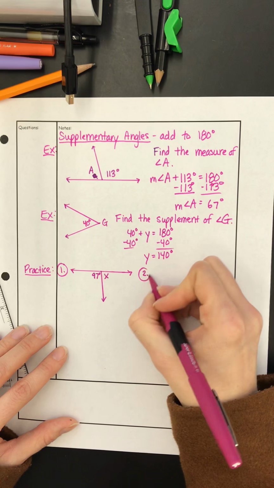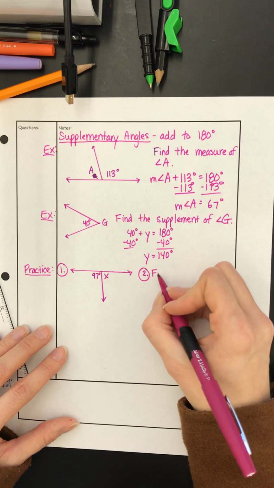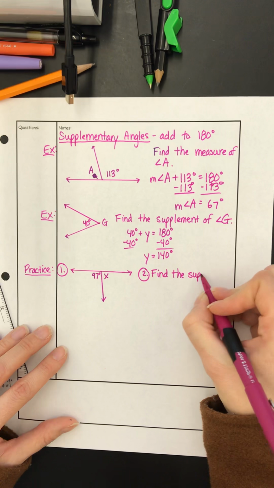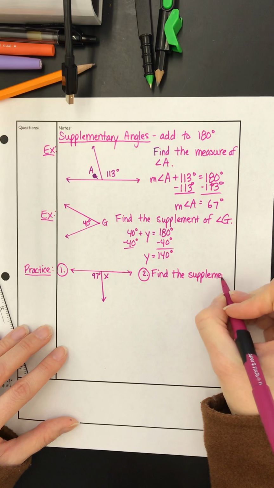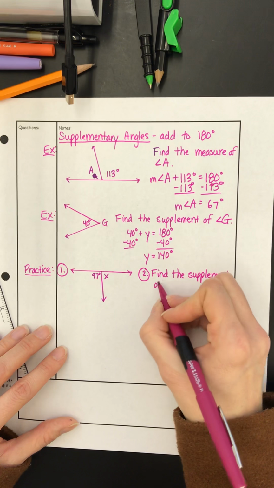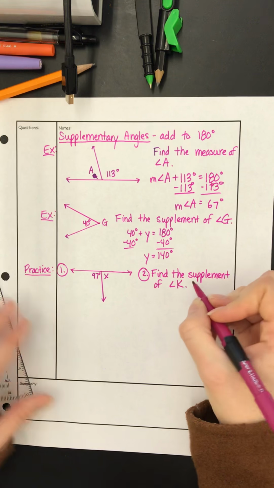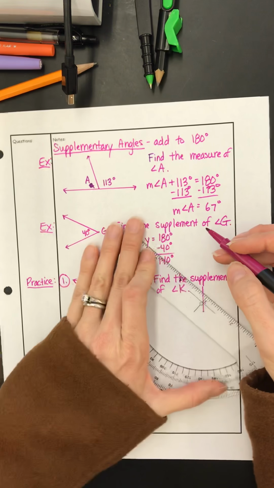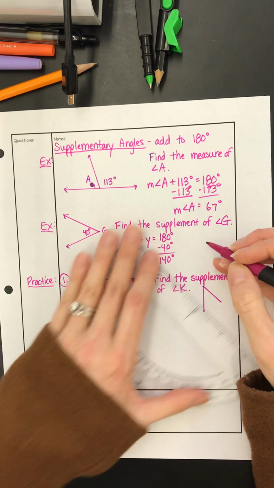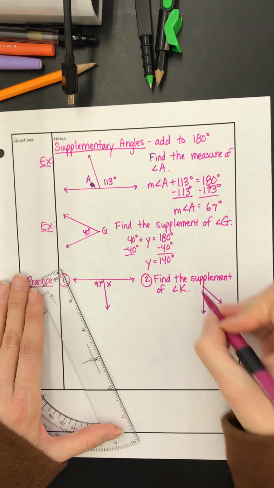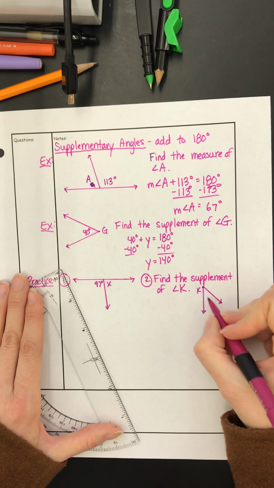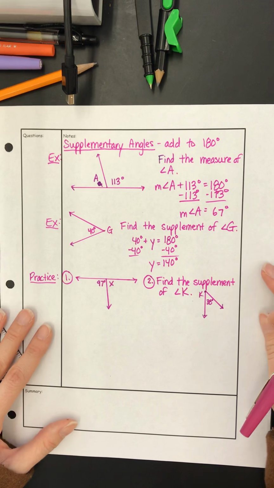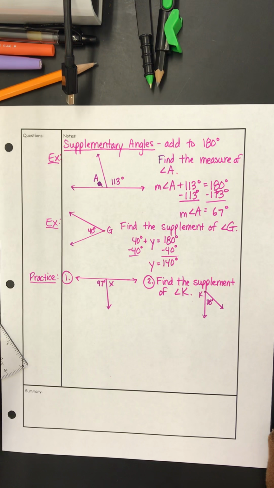Number 2, I want you to find the supplement of angle K. And this is what angle K looks like. We're going to say that it is 38 degrees. Go ahead and pause the video. Give those a try.